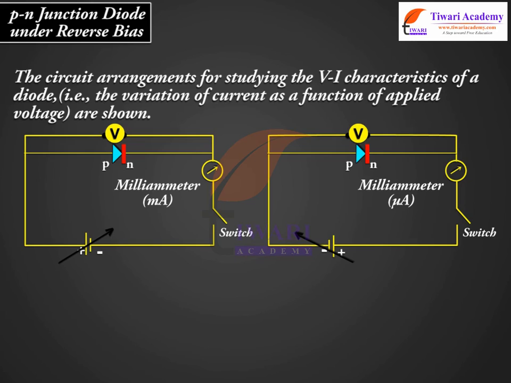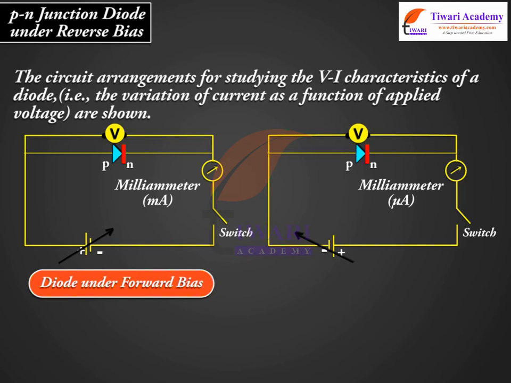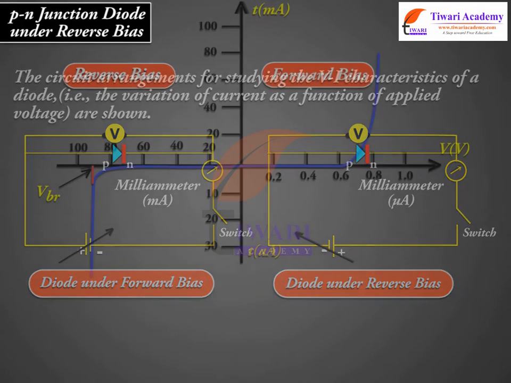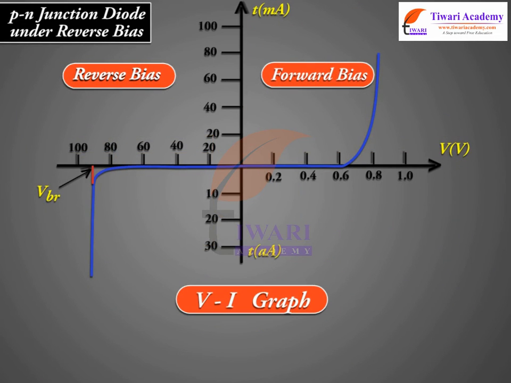The circuit arrangements for studying the V-I characteristics of a diode, that is, the variation of current as a function of applied voltage, are shown: diode under forward bias, diode under reverse bias. A graph between V and I is obtained as shown in the figure.